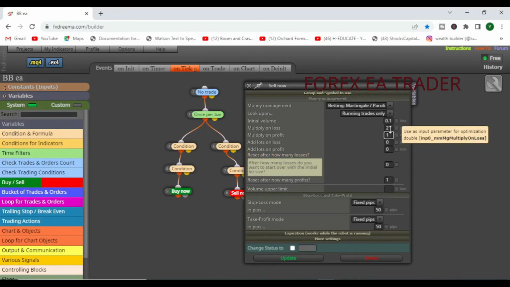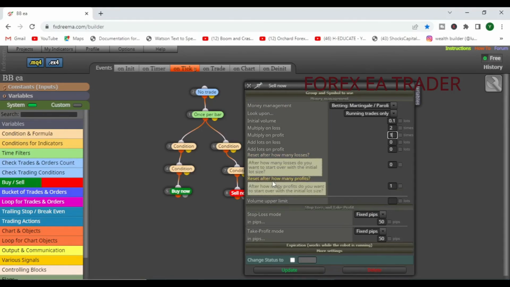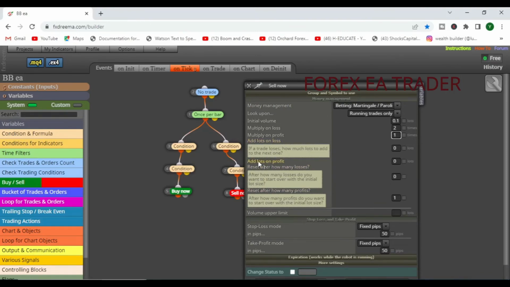So after doing Martingale for some time and you find that you are still losing, after how many losses do you want to go back to using 0.01? So just hover on the title and click on it if you are not understanding anything. That's how easy it is to use with Fxdreema.